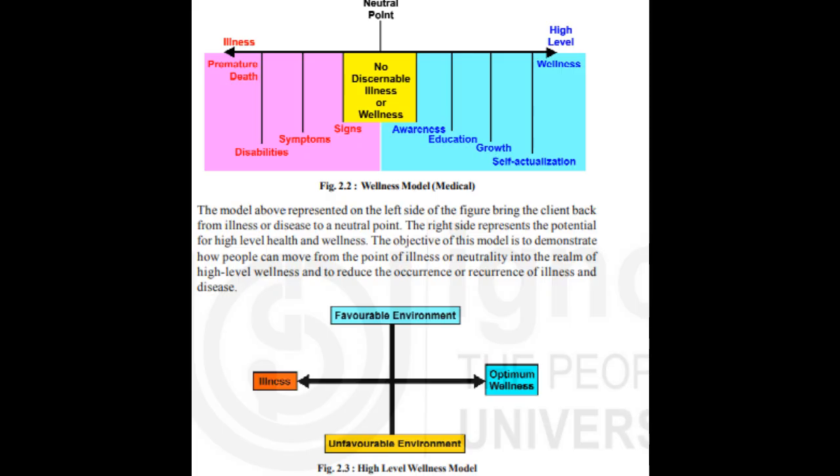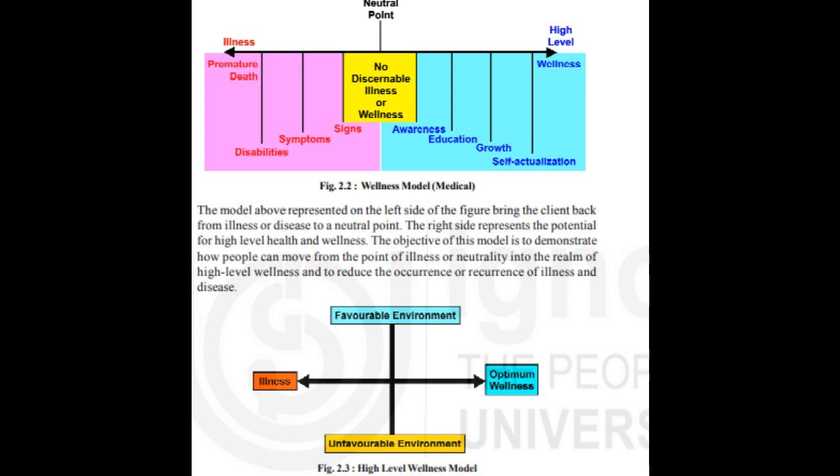Holistic concept implies that all sectors of society have an effect on health, in particular, agriculture, animal husbandry, food, industry, education, housing, public works, communications and health sectors. The emphasis is on promotion and protection of health.